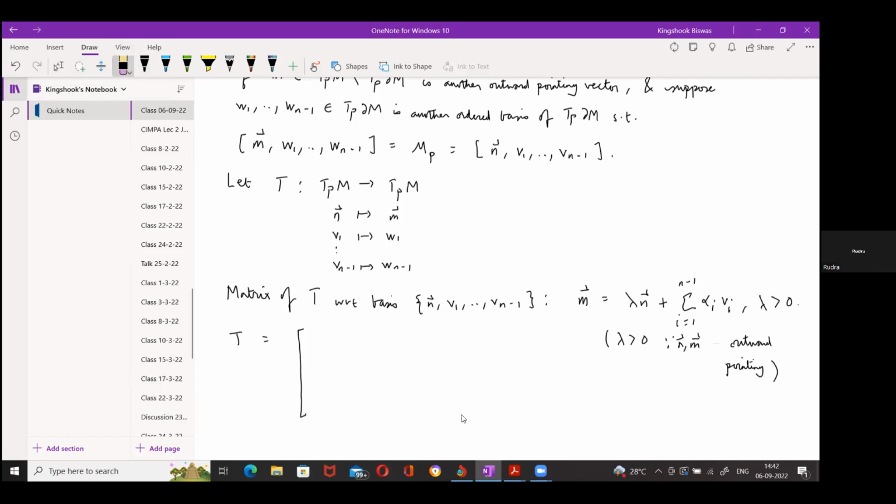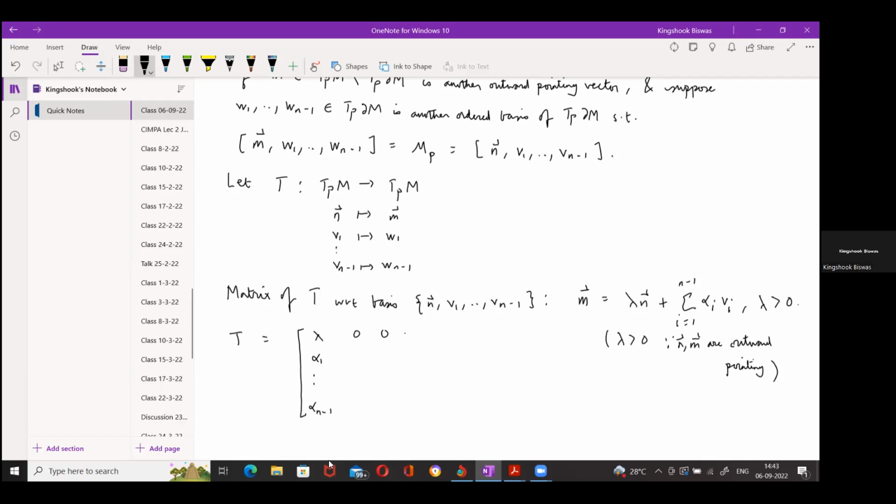Okay. So that means I'll get a lambda here, and then I'll get alpha 1 up to alpha n minus 1 here. Now each wi is going to be a linear combination only of the vi's. There won't be any n component, because these are all in the tangent space to the boundary. So for the other columns, I'll have a 0 in the first row.